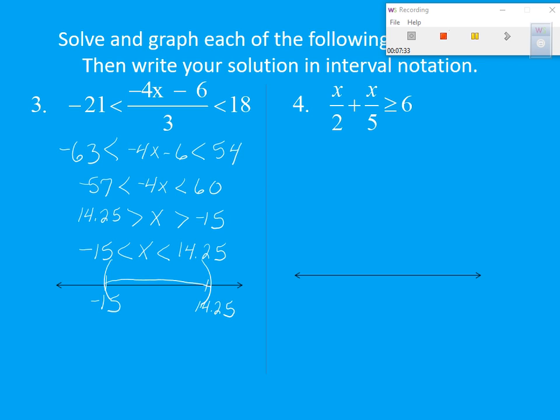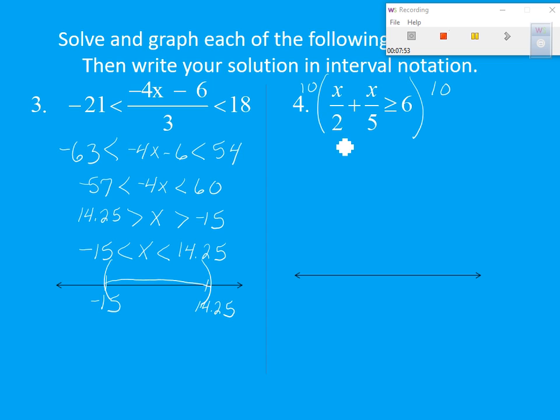Now, my number 4, just like when we solved fractional equations, we're going to do the same steps when we're solving them using inequalities. I'm going to multiply through by some magical number that's going to get rid of the fractions. So I'm going to multiply through by the least common denominator, which is a 10.